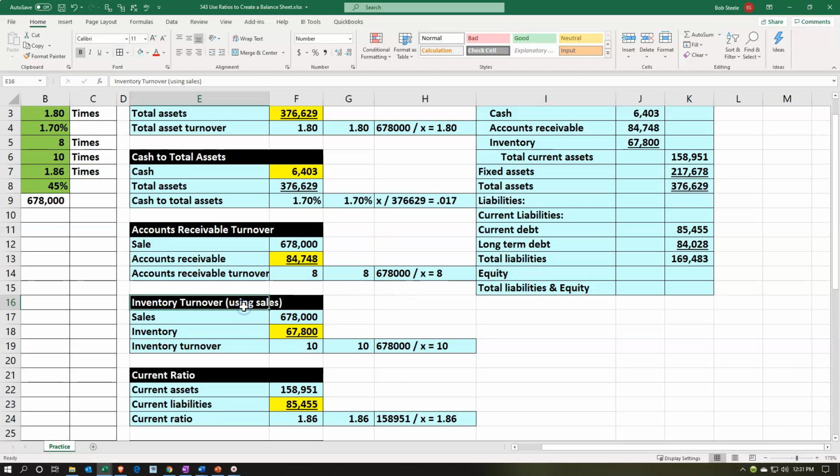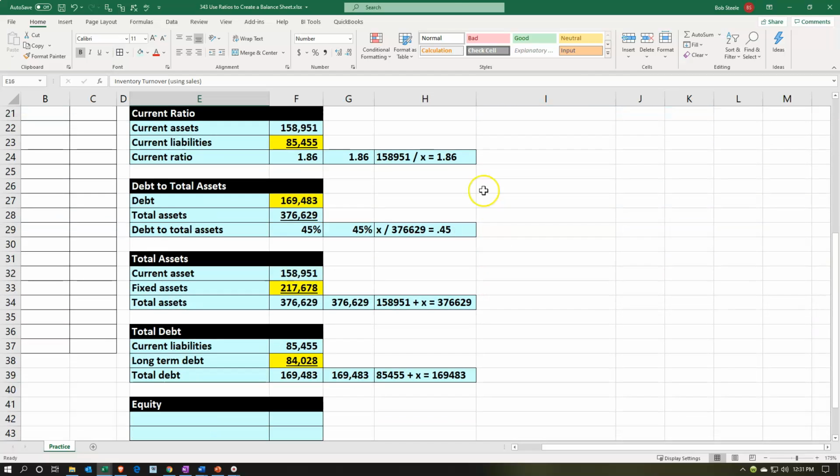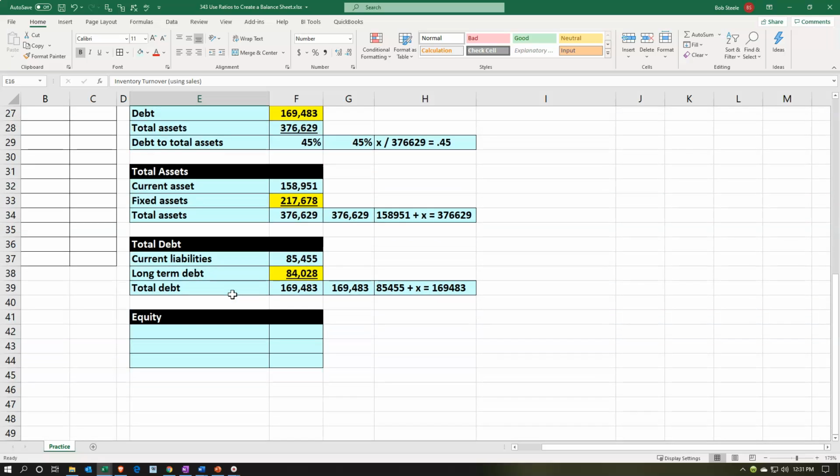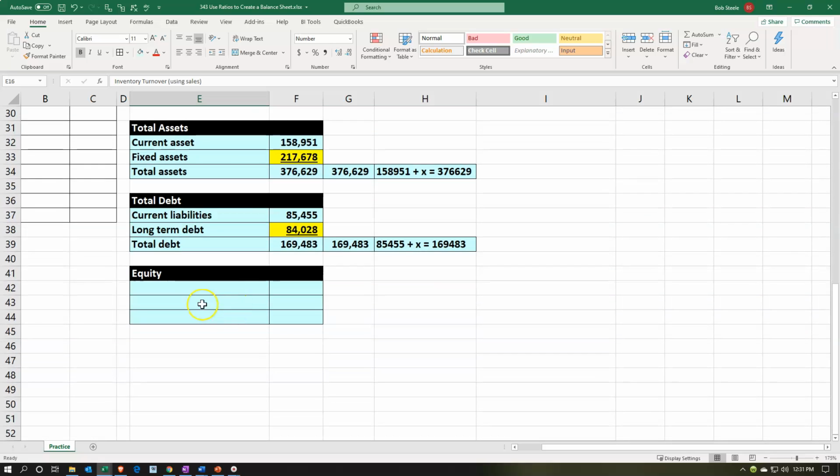So then we can do another calculation to figure that out. Let's do one last calculation down here for total equity. So equity, if we think about our accounting equation, assets equal liabilities plus equity. So that's our accounting equation. Assets minus liabilities is a very common way to think about this.